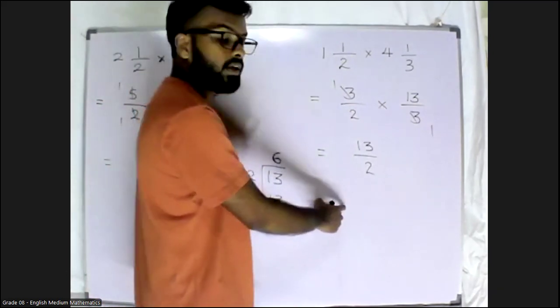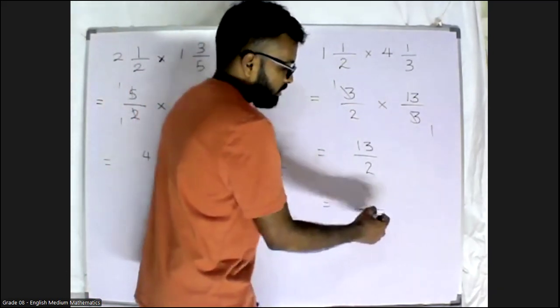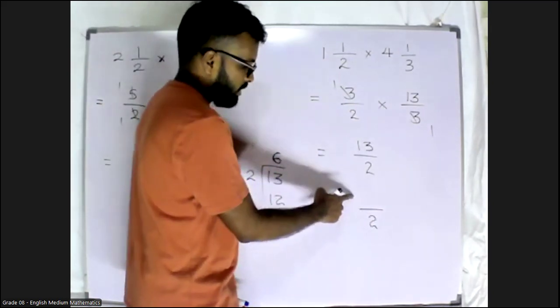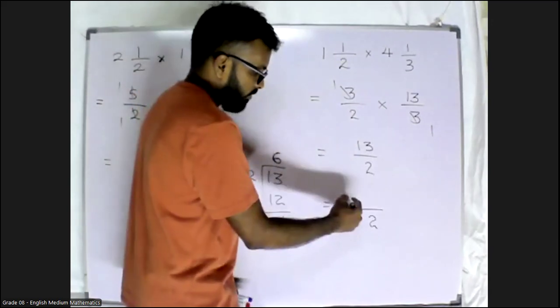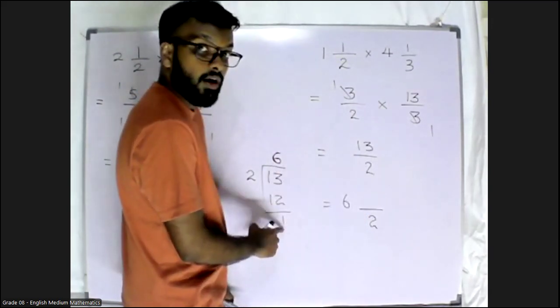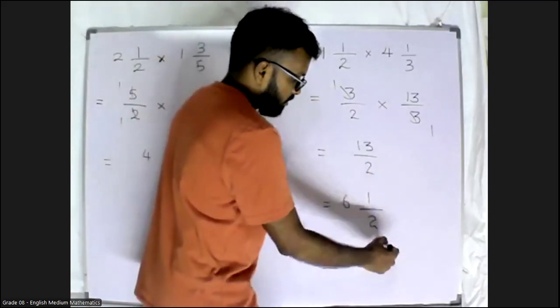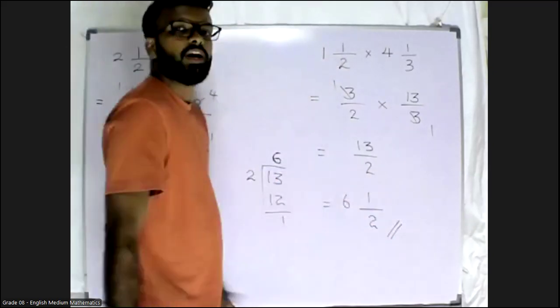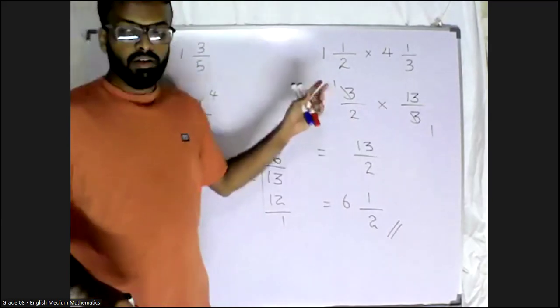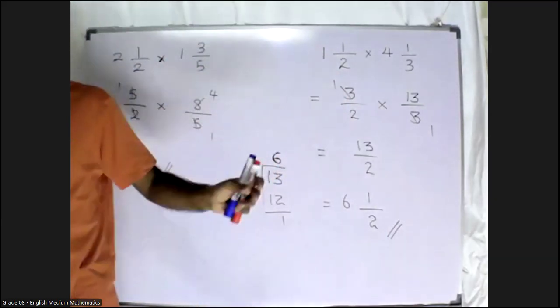Now write the mixed number. Denominator is 2. Whole number part is 6. Numerator is 1, our remaining 1. It's the final answer. Right? So if you have anything wrong, please correct it.